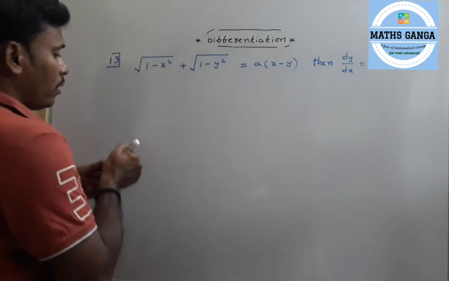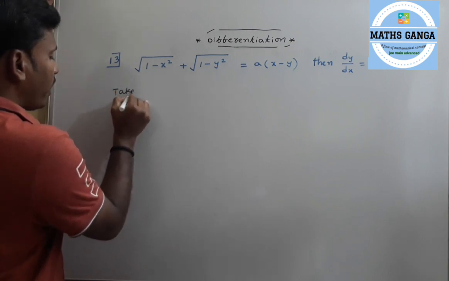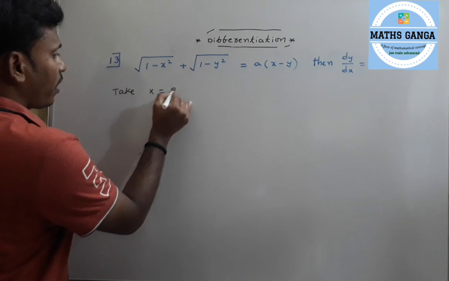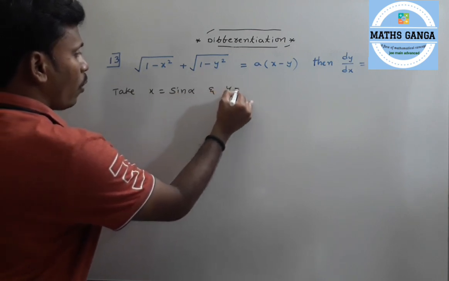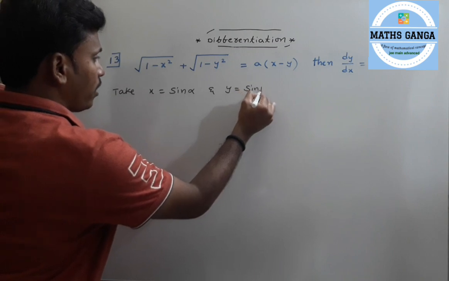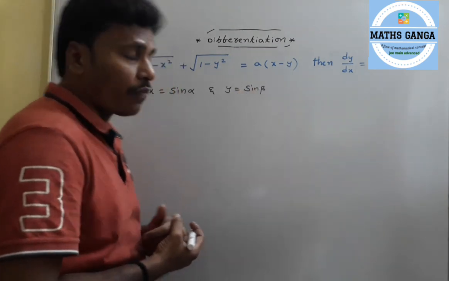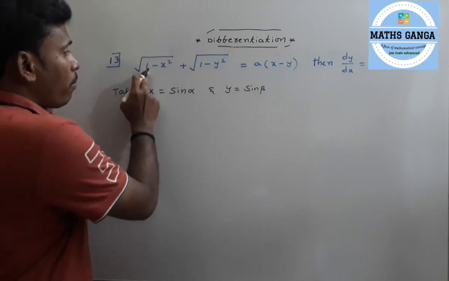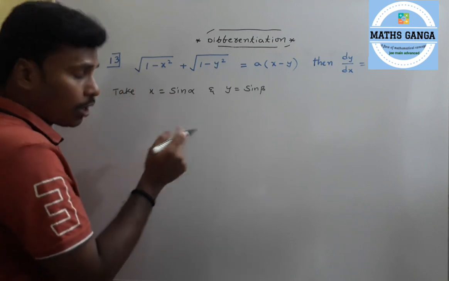So I am just taking x is equals to sine alpha, and y is equals to sine beta. If x is sine alpha and y is sine beta, what will happen? 1 minus x square is cos square alpha and root is cos alpha.